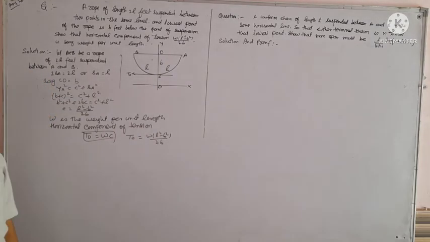That is the tension at the lowest point C, known as the horizontal component of the tension.